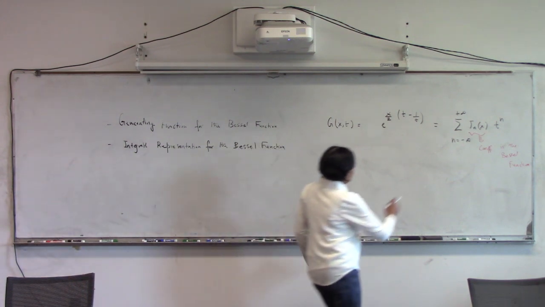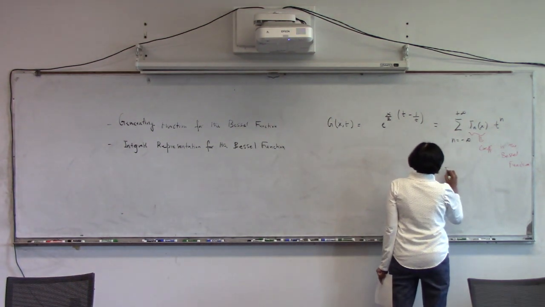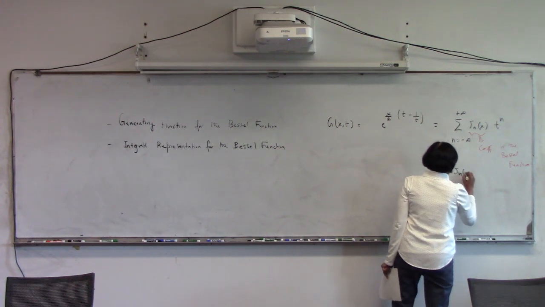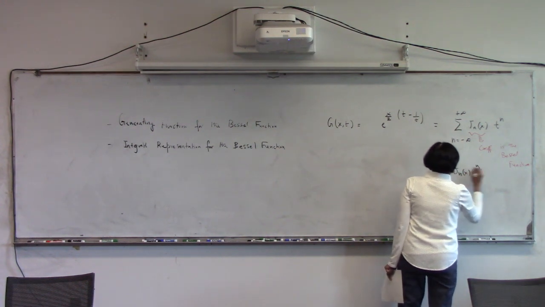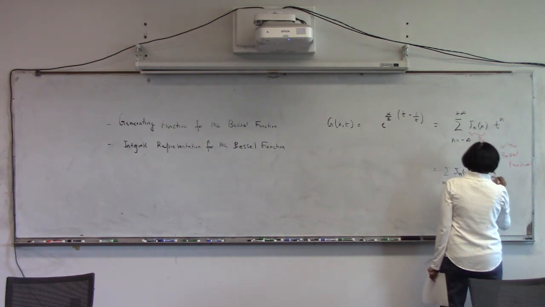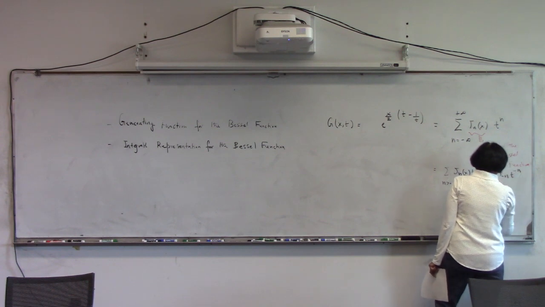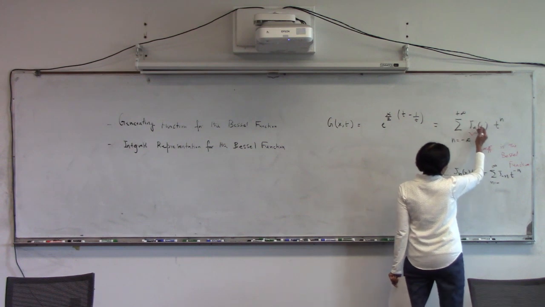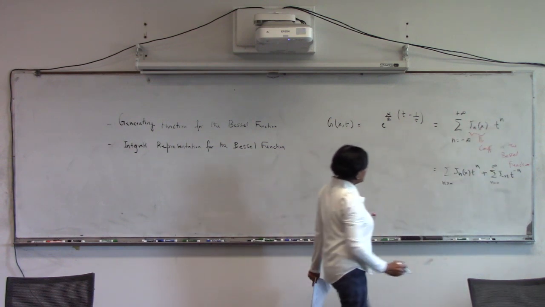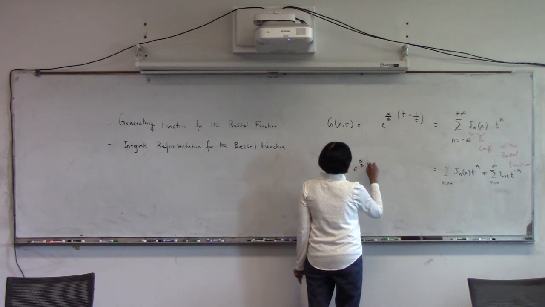So this is an infinite series from minus infinity to plus infinity. If you want, you can break this into two parts like this: n greater than 0, plus J of minus n times t to the power of minus n. I'm going to include 0 in this, so J0 of x times t to the power of 0 is included.